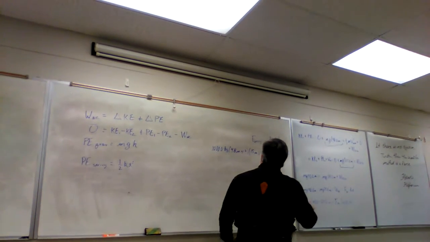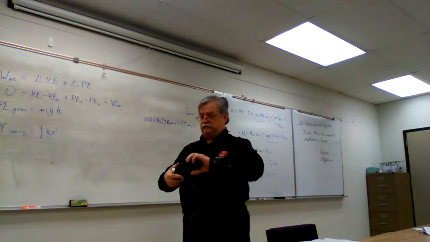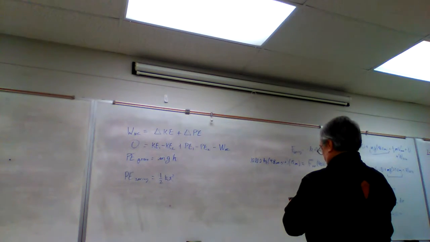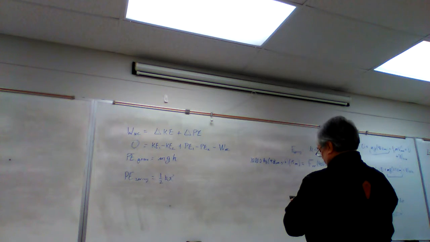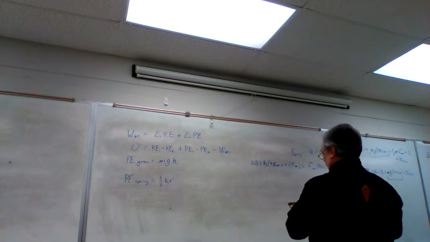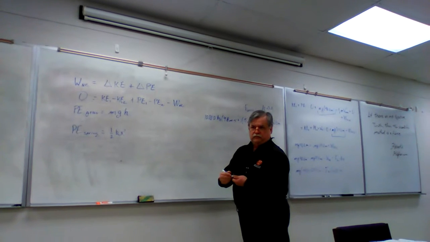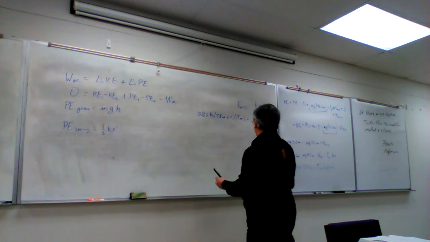So, someone with a calculator. Let's do some arithmetic. 1,000 times 9.8 times 15 equals, did you do it? No, I mean before you divide through by 400.